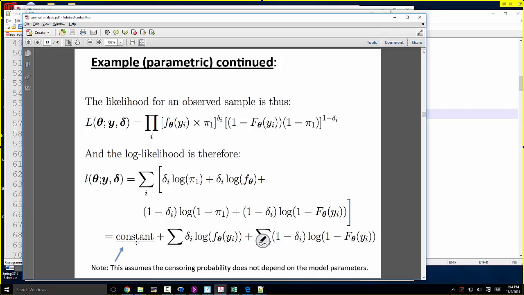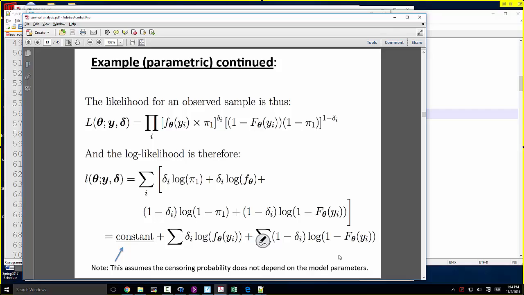So anything that does not depend on theta, when I start differentiating with respect to theta, goes away. So as far as we care, it's a constant that does not depend on theta plus something that does depend on theta for the uncensored individuals plus something that depends on theta for the censored individuals.